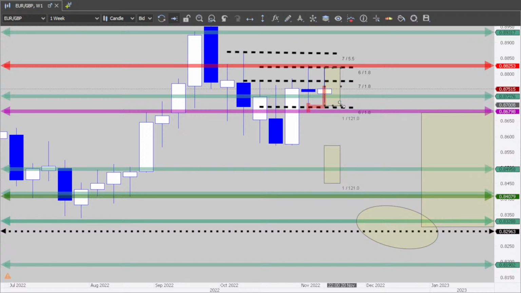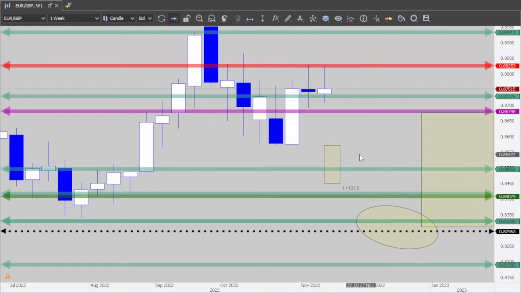Julius, if you look just at the candles and if you look at the stop loss level, if consolidation is going to continue, what is going to happen with your trade?